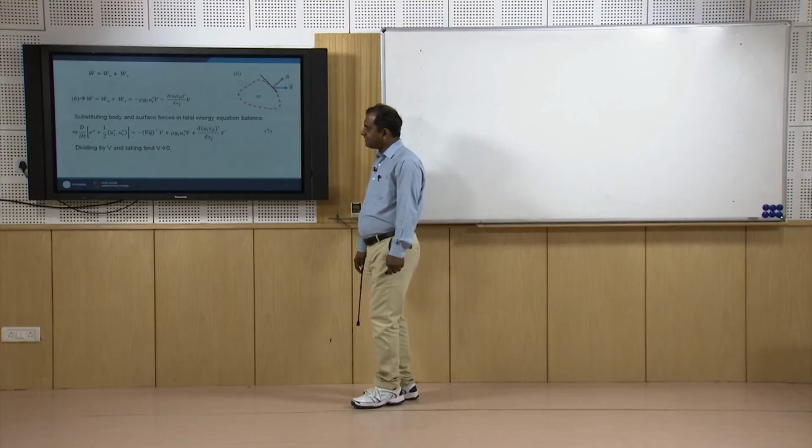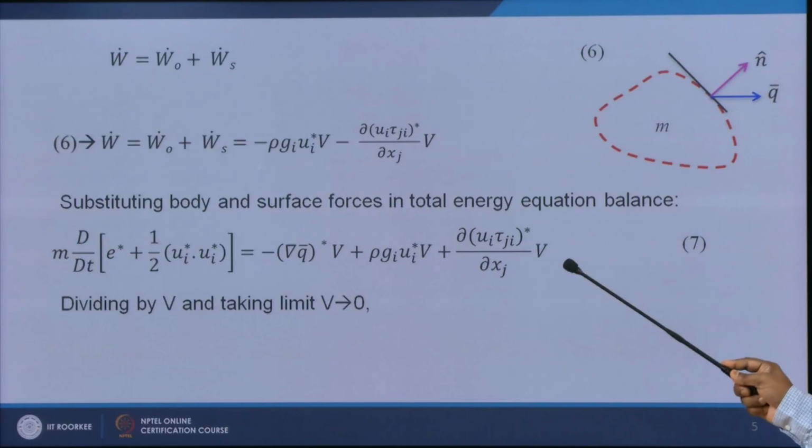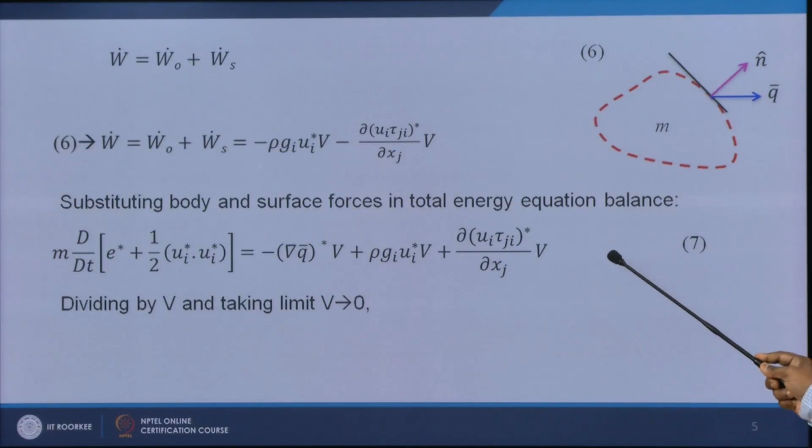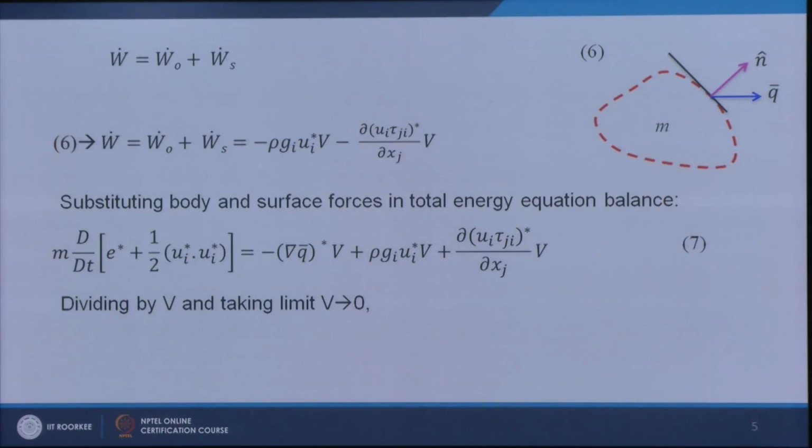Now, let us take some simplifications. First, I have divided this whole equation by V, that means volume. If you do so, m by V becomes your density rho.